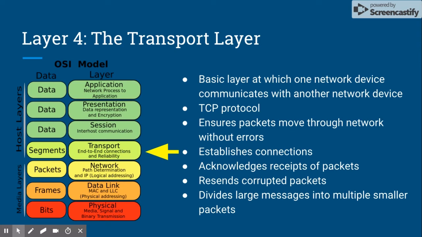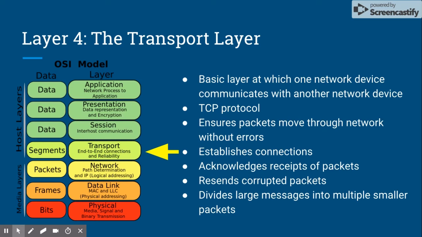Moving to layer 4, this is the transport layer. This is the basic layer at which devices communicate with other devices on the network. The TCP protocol works at this layer, and it ensures that packets move through the network without errors. This layer establishes connections and acknowledges when the packets have been received from other layers.